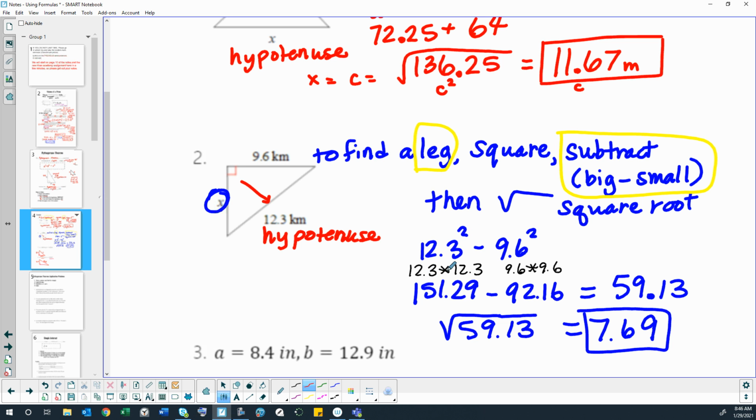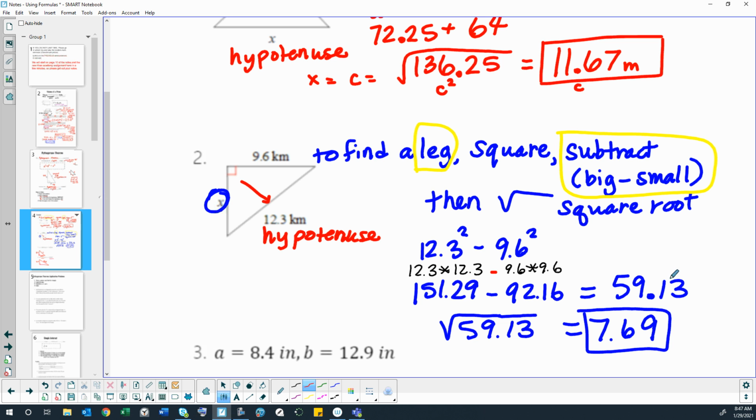Again, I've got the 12.3 times 12.3 showing what that square means. And then we are going to subtract, because we're finding a leg, 9.6, and then we square that, so we multiply that together. So when we square those numbers, we get these numbers. We subtract them because we're finding a leg. We were given the hypotenuse, so we have to go backwards.